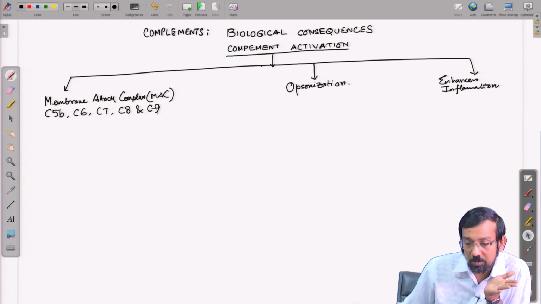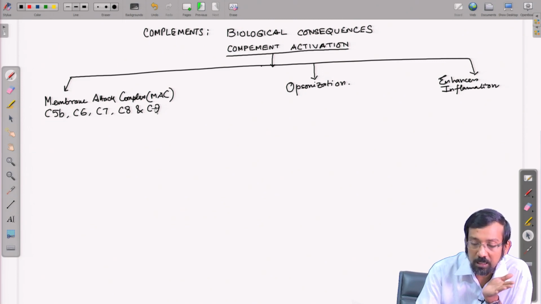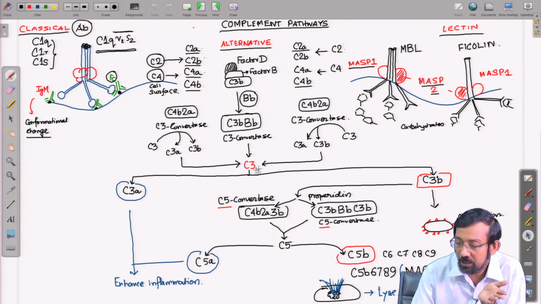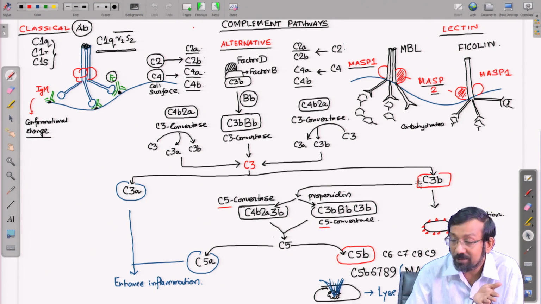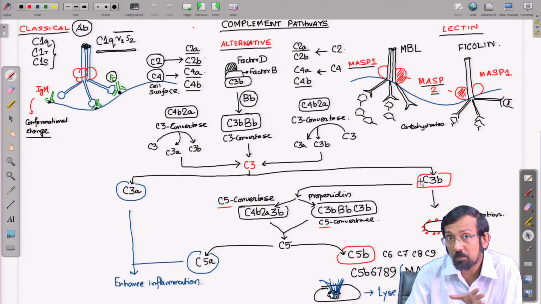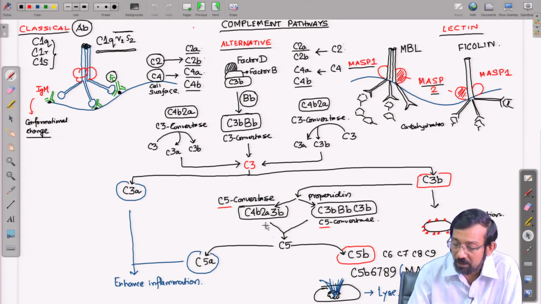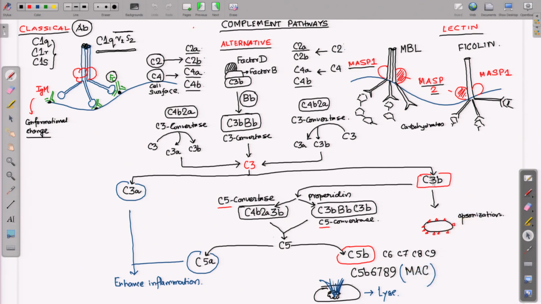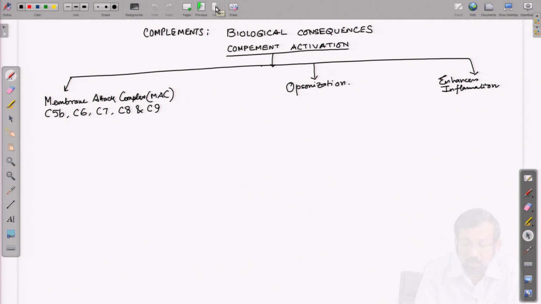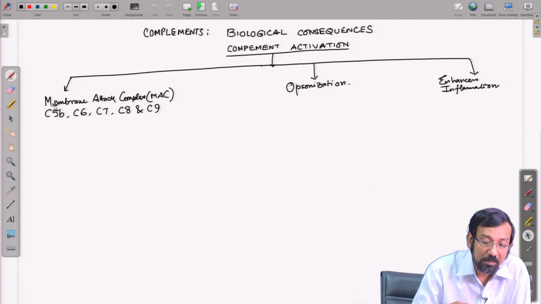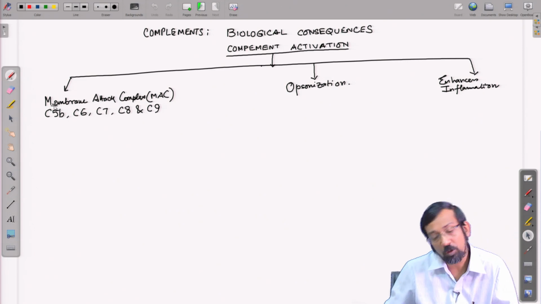C5, as we discussed in the last class, C3 is broken down to C3a and C3b, and this C3b is the magic molecule. So, this C3b is the central molecule. This C3b can form C5 convertase and it can function independently as well. So, that is, it can have direct action on the cells. This is one of the functions by which C5b is produced on the surface of the cell.